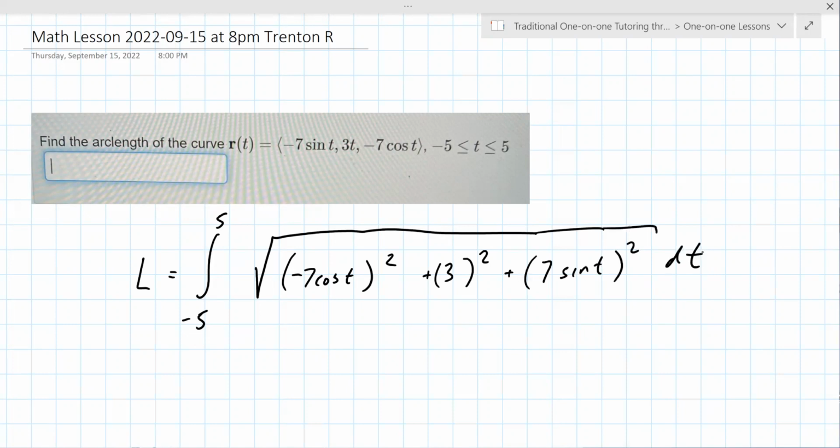Now, is there a way to do this by hand? I have no idea. Because it's web work, you probably know this by now. You can just get a calculator that does this, and then just copy in the numerical value. There are so many out there. I like Wolfram Alpha for this kind of stuff.